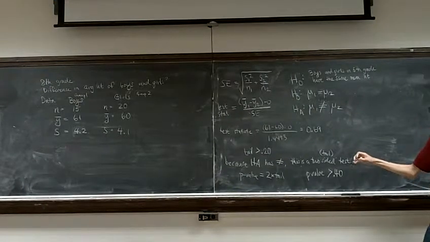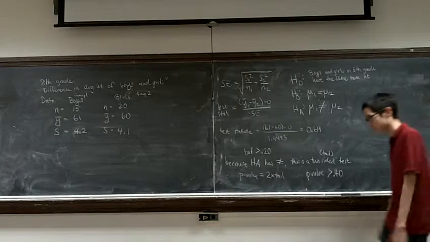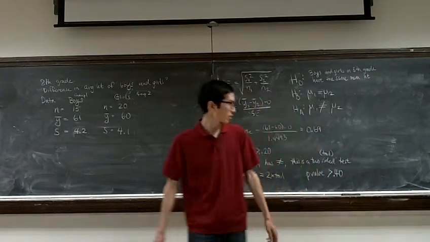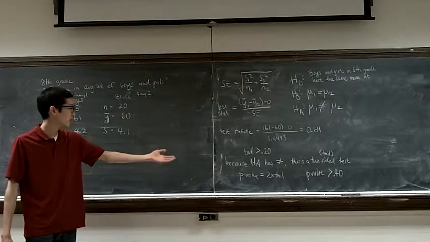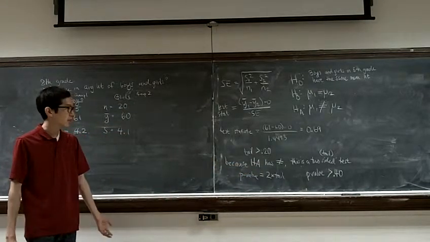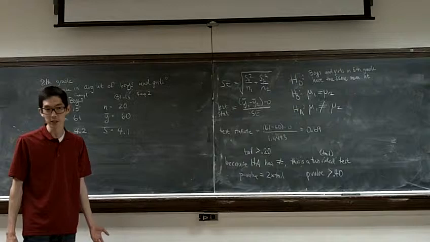But then the ultimate probability depends on your alternative, whether you are looking at the right or the left or the double. So here my p-value is greater than 40%. Our conclusion is still that the p-value is large, so we do not reject the null hypothesis.